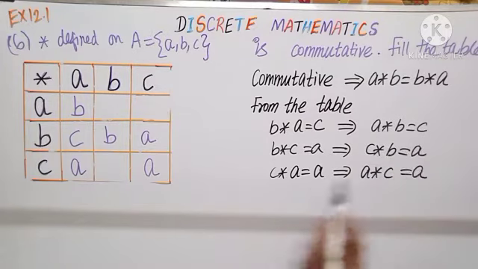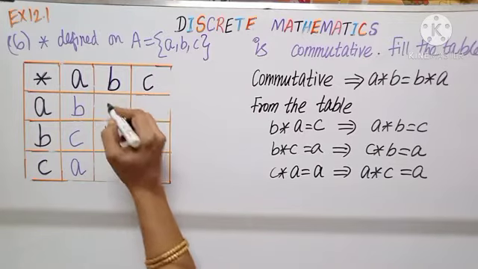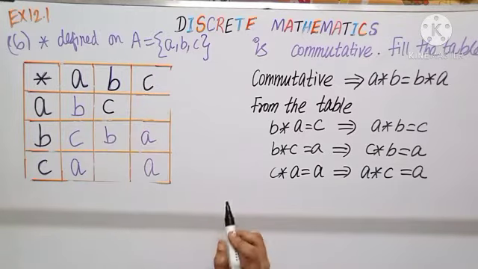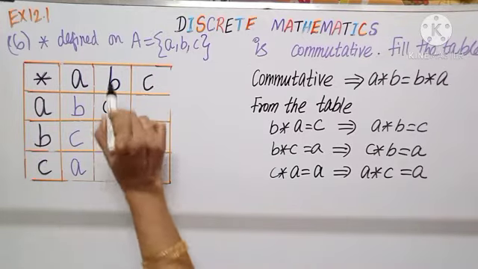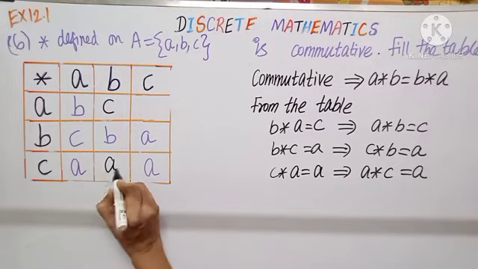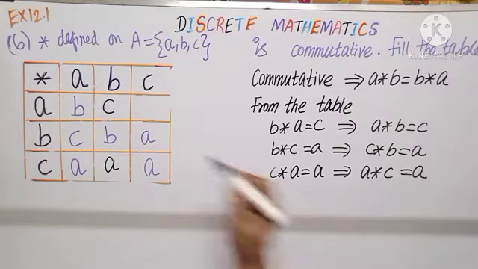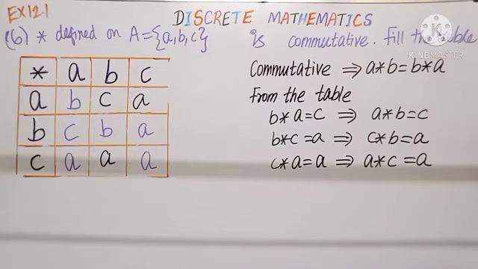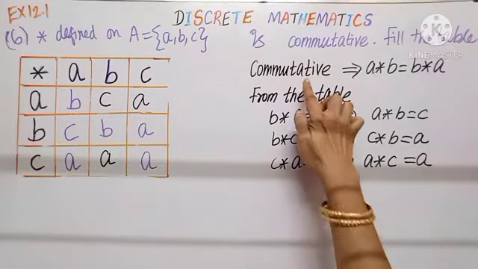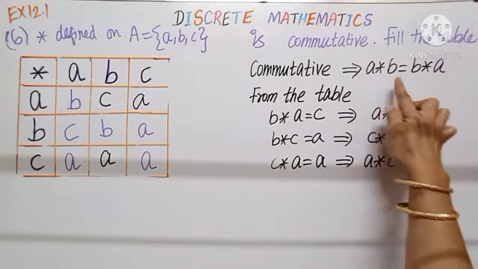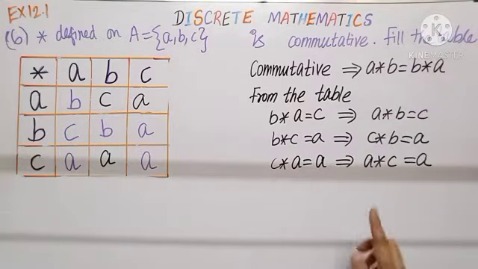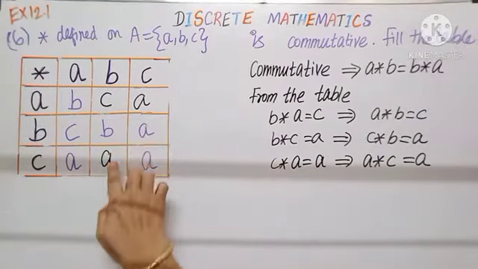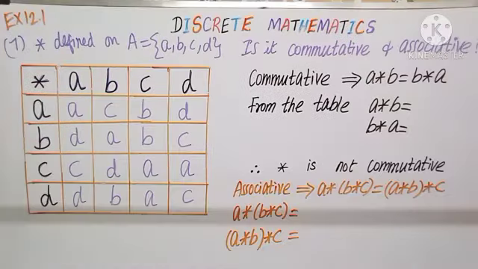A star B, the answer is C. C star B, the answer is A. And A star C, the answer is A. Thus, by using the idea of commutative law, where A star B equals B star A, we have filled the missing elements.